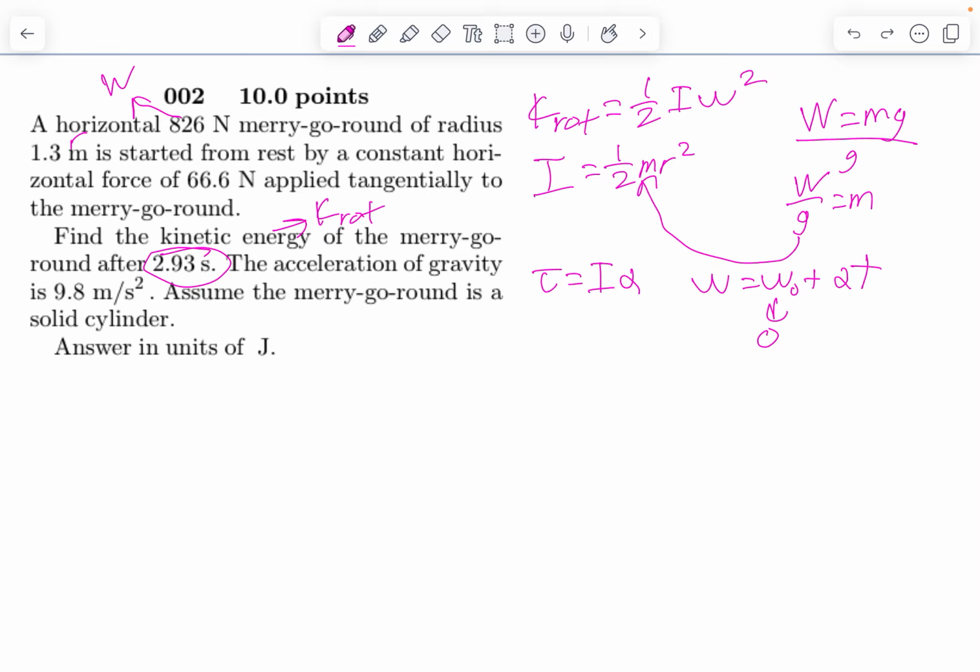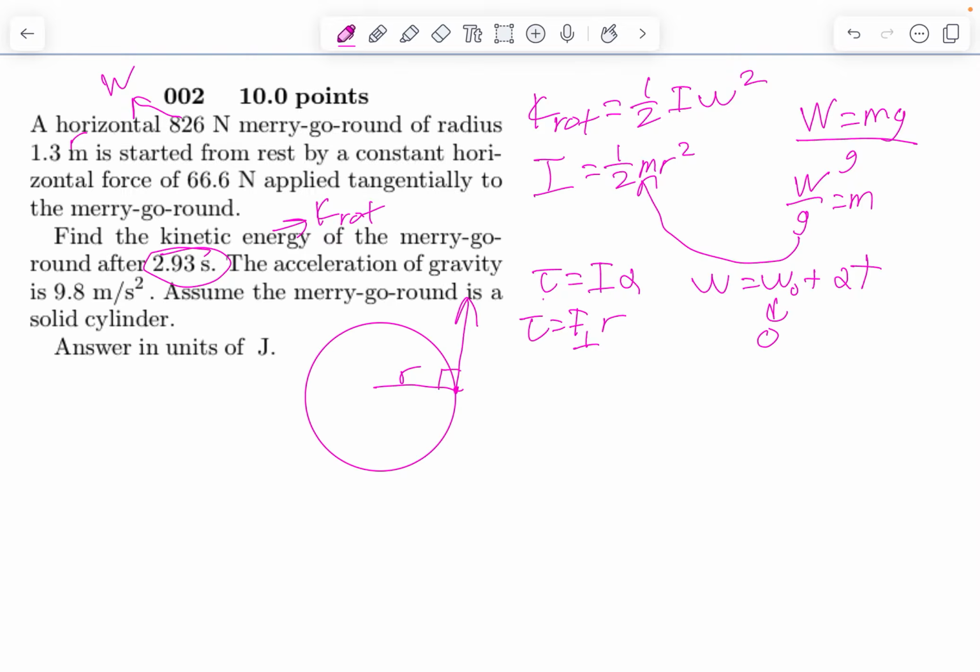Okay, so torque. Torque is force perpendicular times radius. We know radius, and you just solve for I, so we're going to find torque so we can solve for alpha. If you redraw the picture, this is the top view of a merry-go-round, with some radius r, and there's a force applied tangentially.